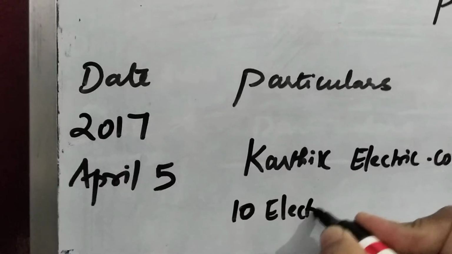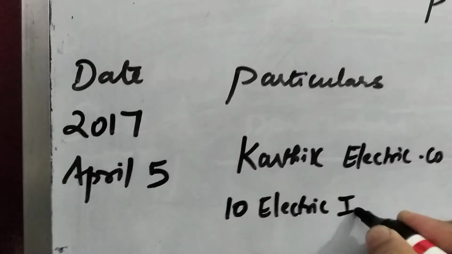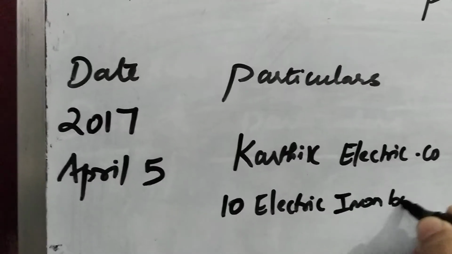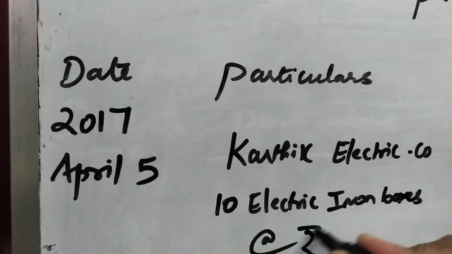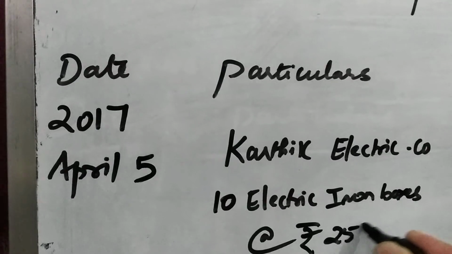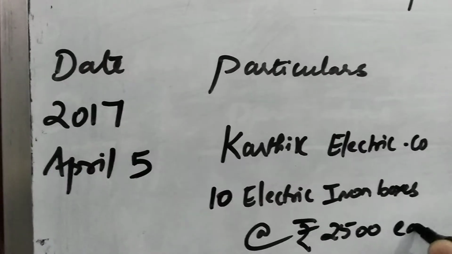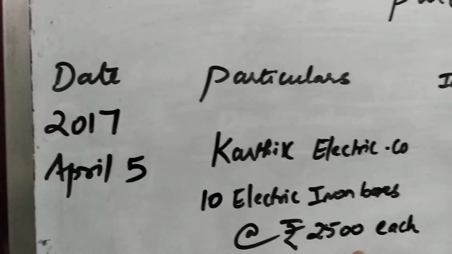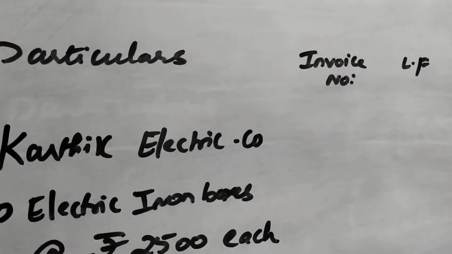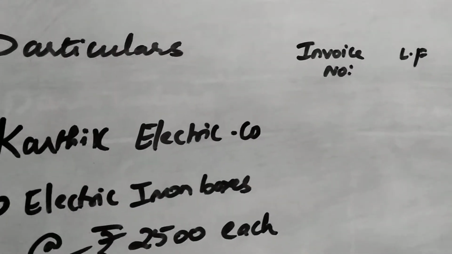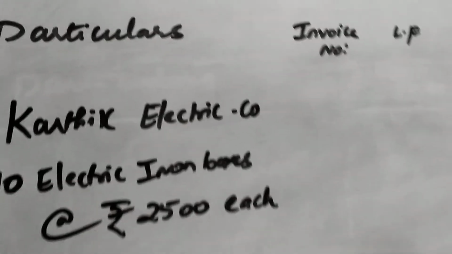You have to write the description underneath. Electric iron boxes at Rs 2500 each. 10 into 2500, 25,000. This has to be entered here in the detail column.